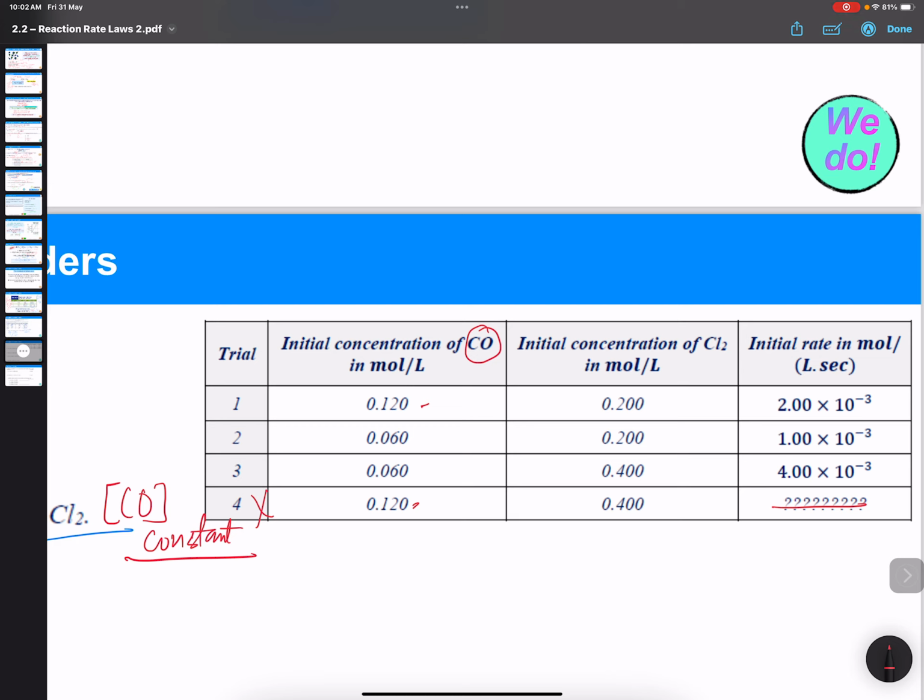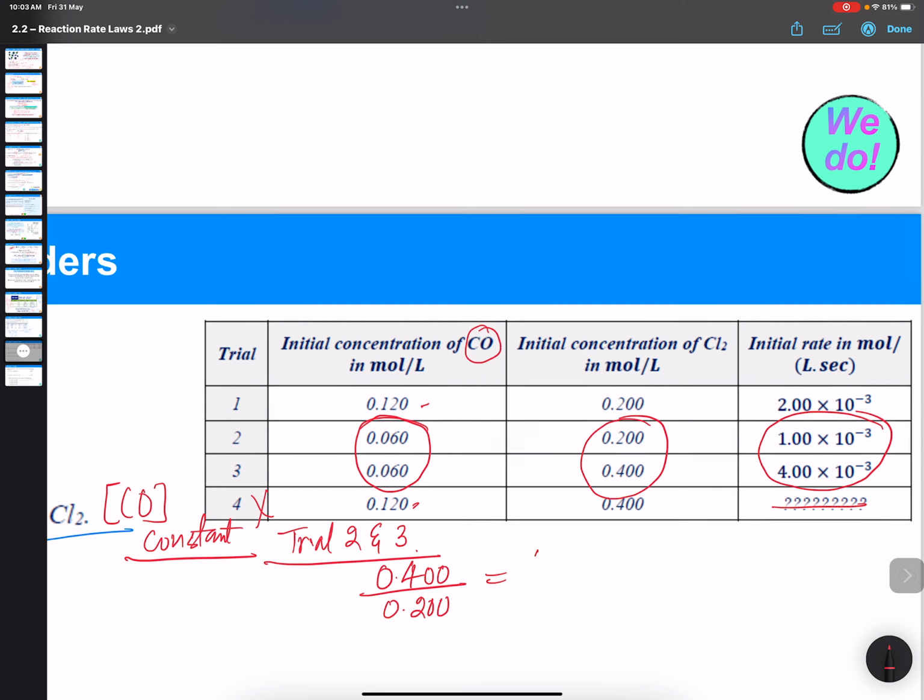So I'll consider 2 and 3. So this and this. The bigger value will go in the numerator. If you are getting your answer as a decimal or as a fraction, it means there's some mistake. So recheck your calculations.